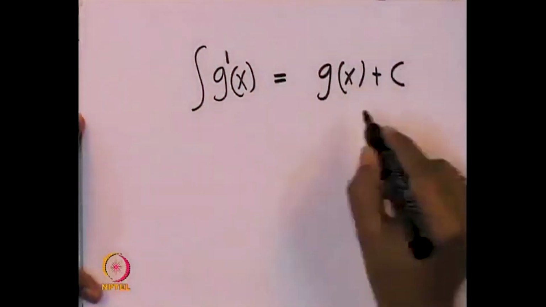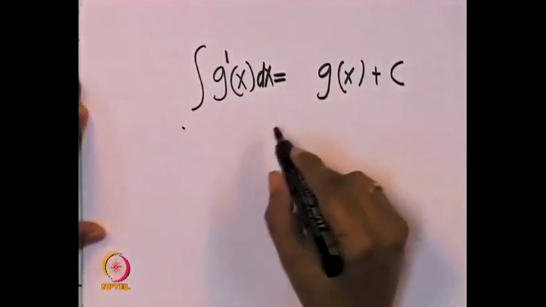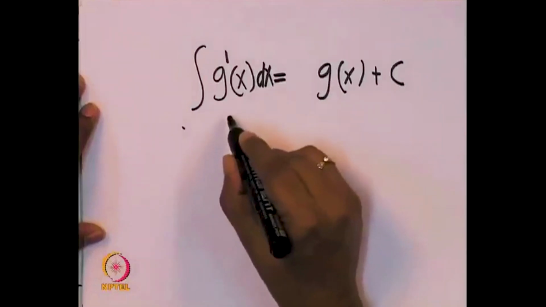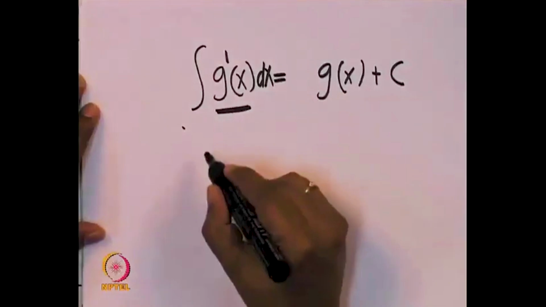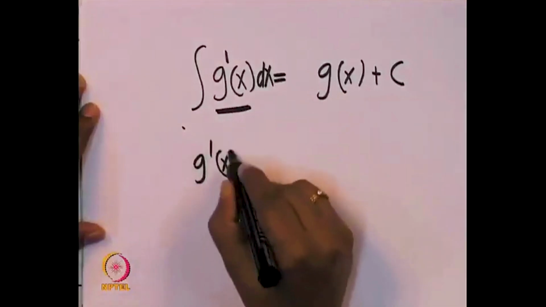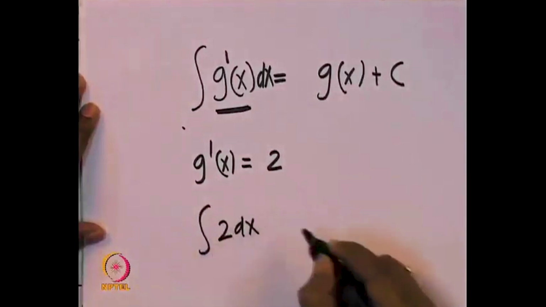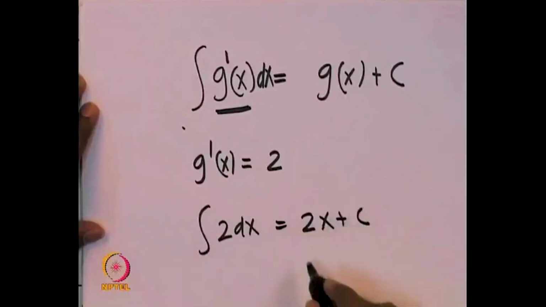This tells you to find a curve which has a slope g prime of x. For example, if g prime of x is 2, the integral of 2 dx is 2x plus c, which is basically a line with slope 2.